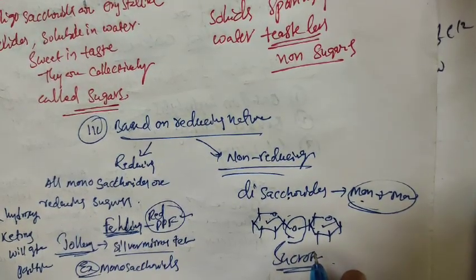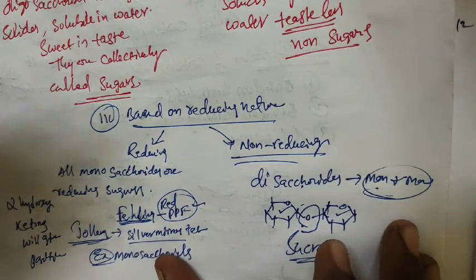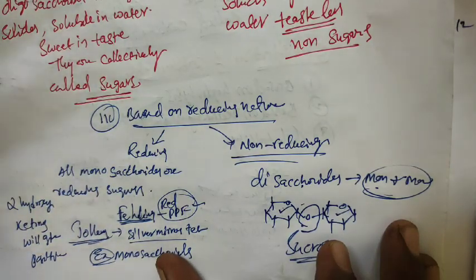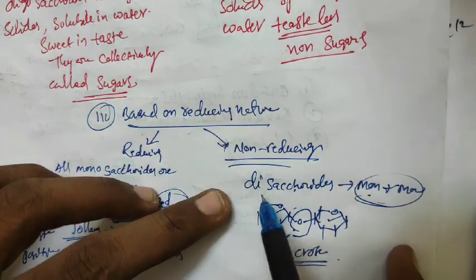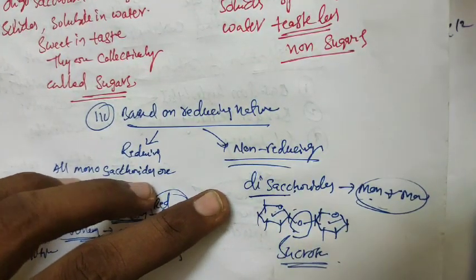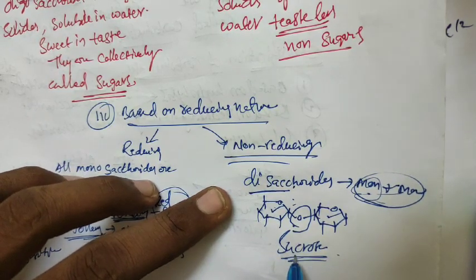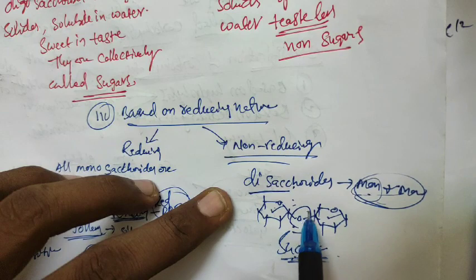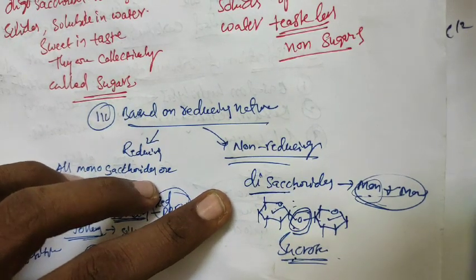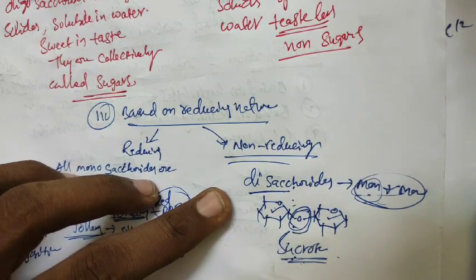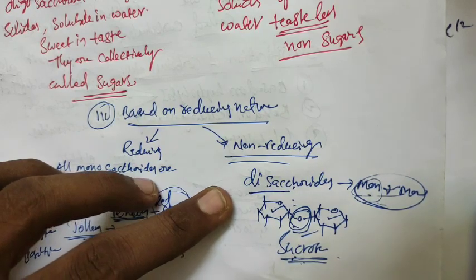So reducing nature means those which give Fehling's and Tollens' reagent tests are reducing sugars, mostly monosaccharides. A disaccharide, though it comes from two monosaccharides, does not show reducing behaviour because both are combined with one bond between the aldehydic and ketonic groups, so it is a non-reducing sugar.